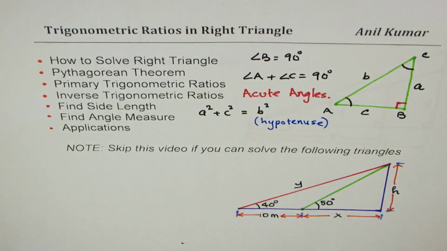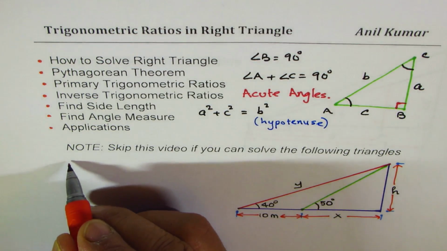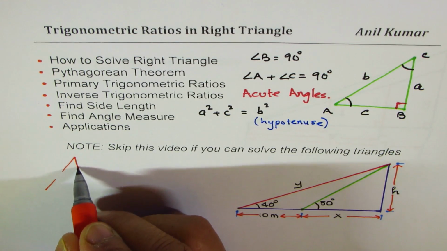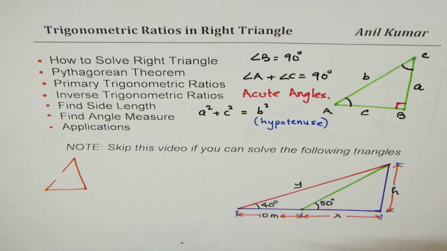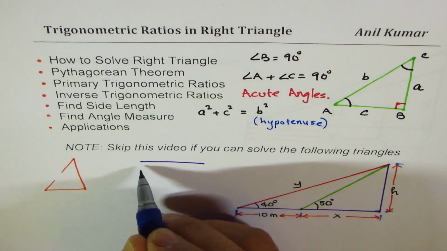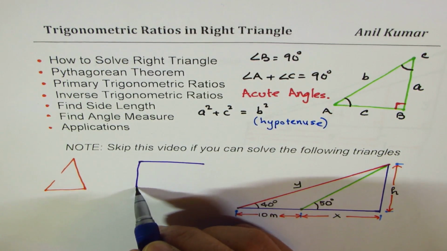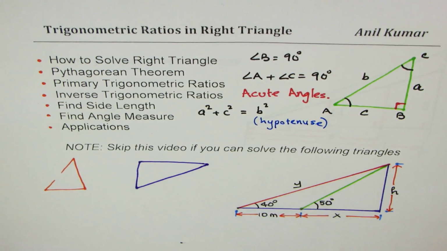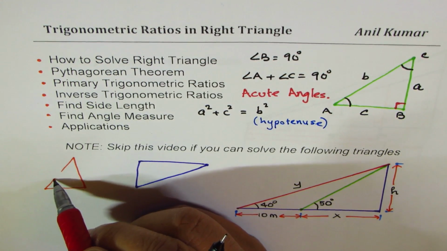Let us take a few examples just to review what we have already learned about right triangles. So we'll make a few right triangles here. Let's sketch two of them. Now in these right triangles, if I give you two sides, you can always find the third side, correct?